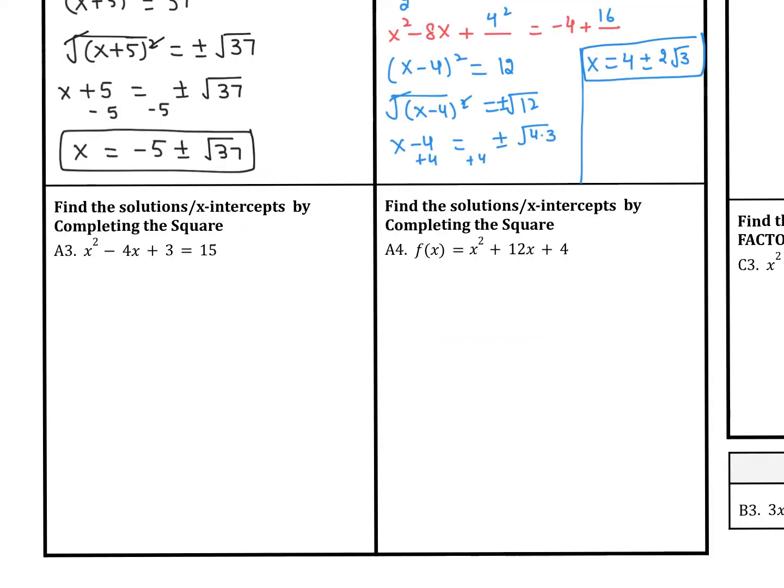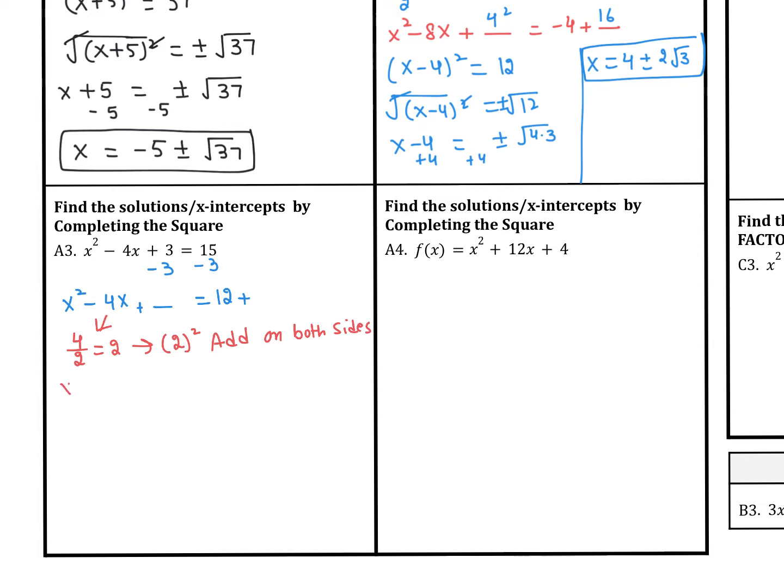For A3, you're going to subtract 3 on both sides so that the x terms are by themselves. On the other side, 15 minus 3 is 12. You're going to get half of b. Half of b is 4 over 2 equals 2. Take the square of that and add it on both sides.